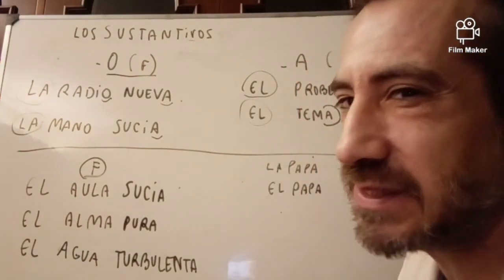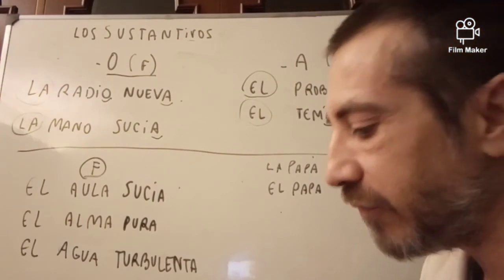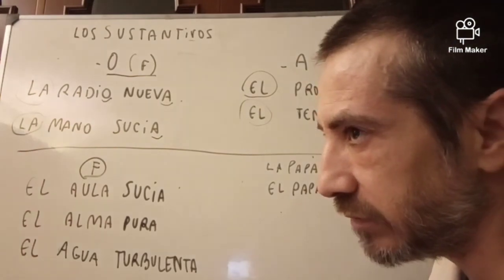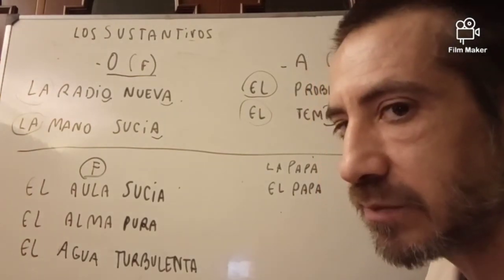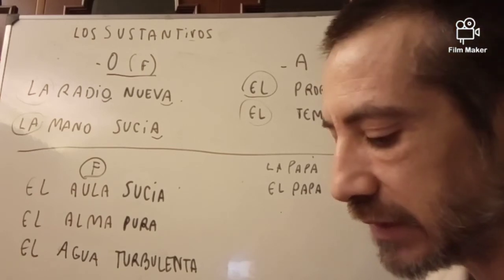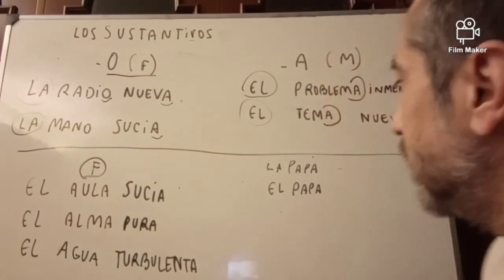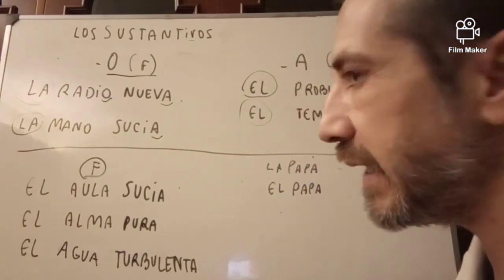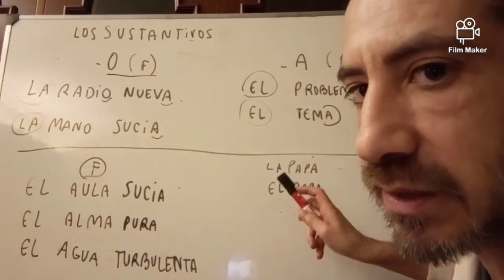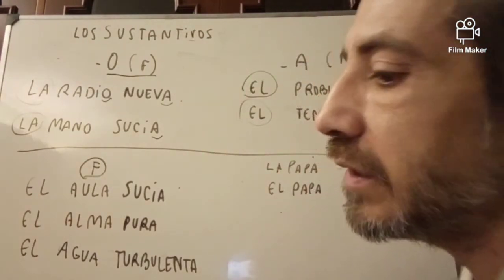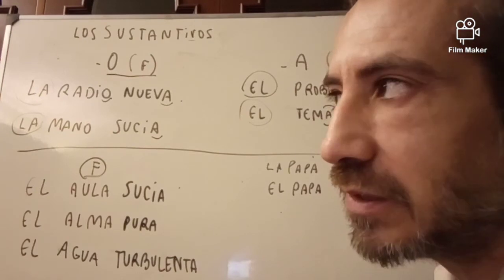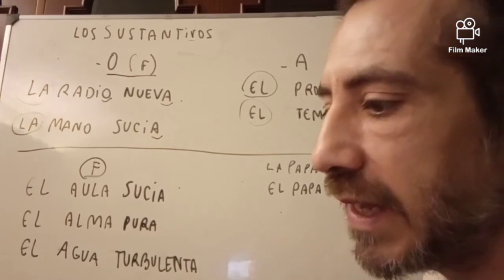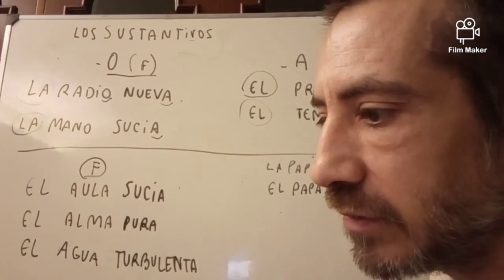We have the word papisa for the feminine form of papa, but I should investigate more deeply about religion, and I'm not fond of religion, so. La papa is the potato, the vegetable, and el papa is the head of the Christian church, the Pope. Jorge Bergoglio. This is his real name, but as a pope he's Francisco.